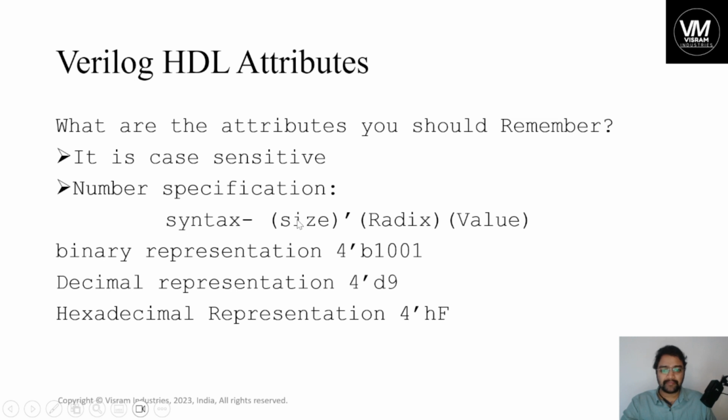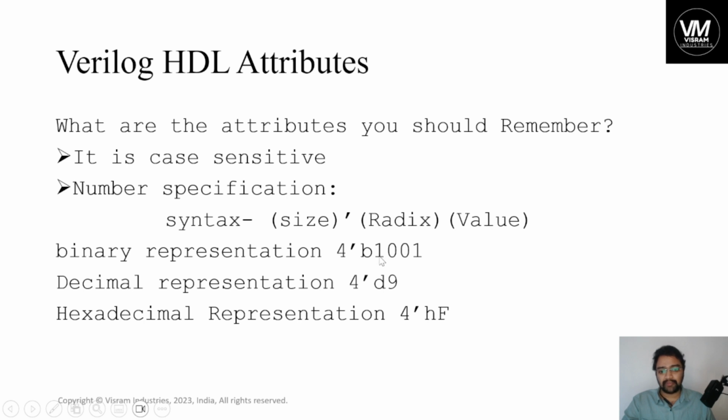The first element, before the tick mark, is called the size of the number that you are specifying, the size in bits, for example the size of the data. Then the radix you need to mention, whether it is a binary number, decimal number, or hexadecimal number, and then the value you need to specify.